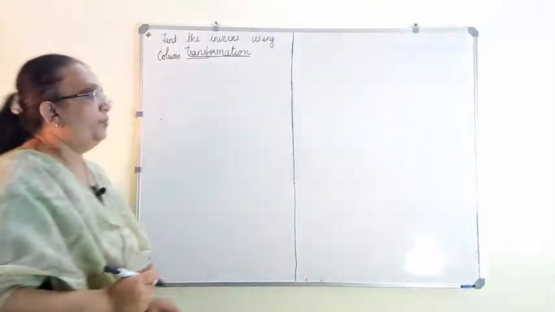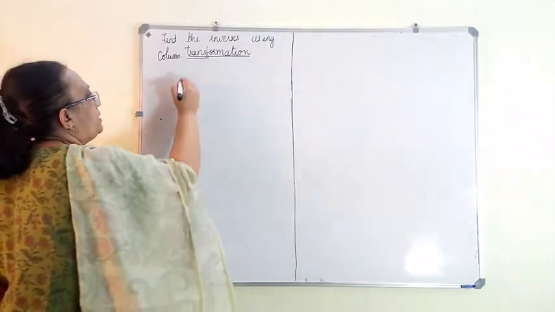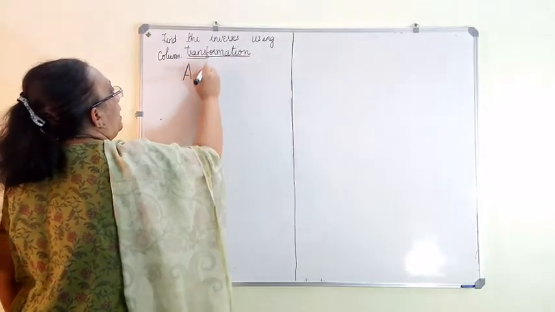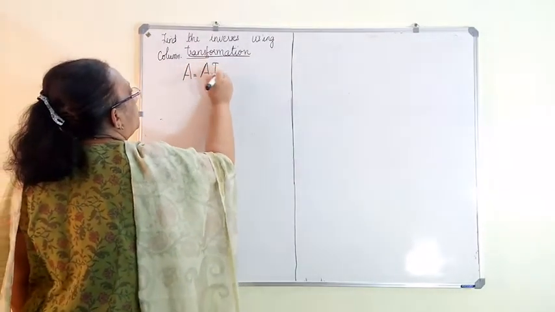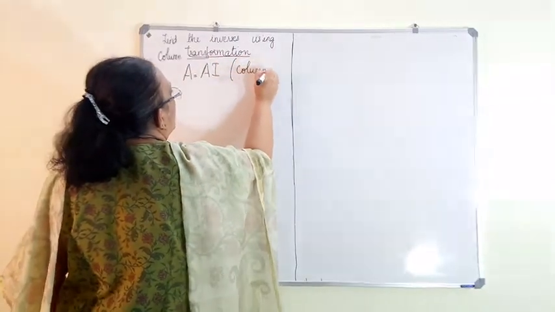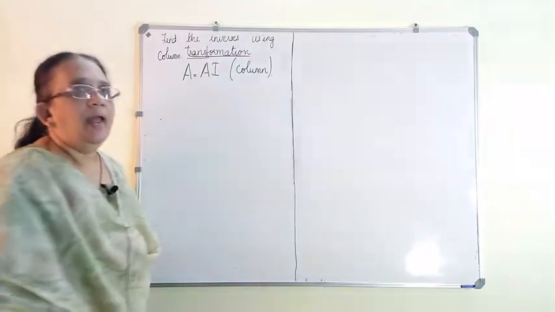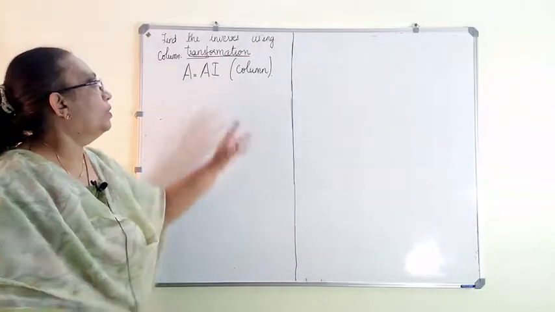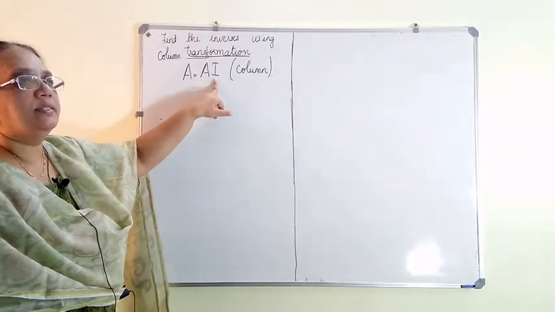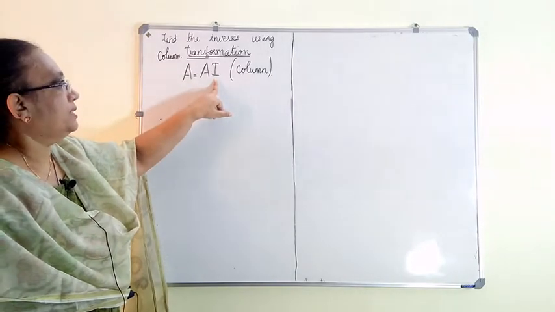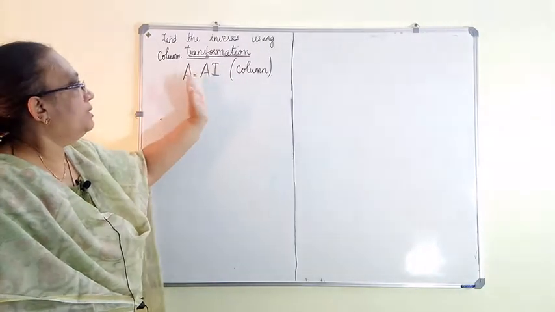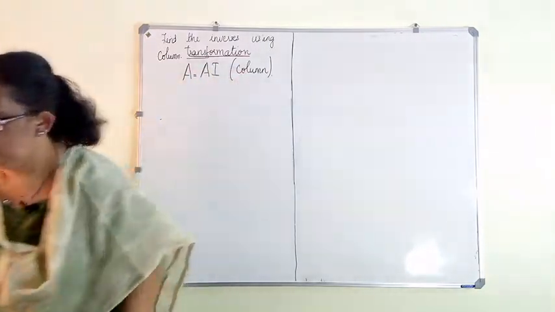Unlike the row transformation, for the column transformation, you will take it as A is equal to A into I, where I is the identity matrix of the given order of matrix A. So, here changes should be given to columns.